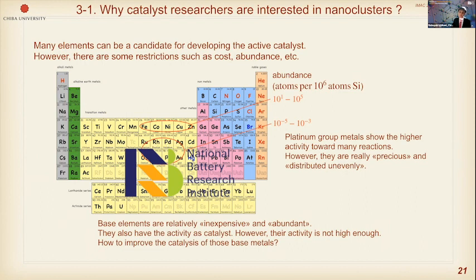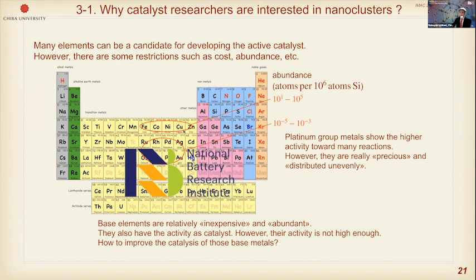The famous one is platinum, famous for the fuel cell, and rhodium and palladium are famous for the automobile three-way catalyst. However, they are really very, very precious, and distributed unevenly. Abundance, such as the Clarke number, is very, very low.